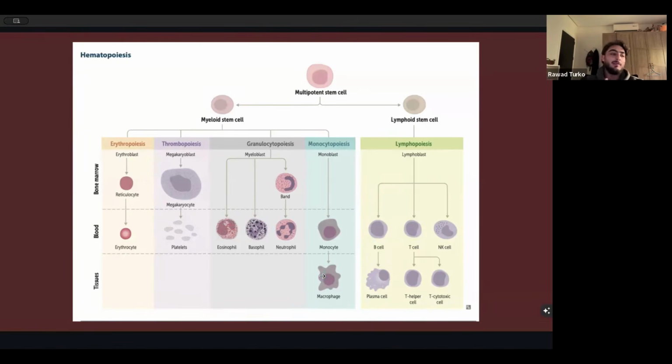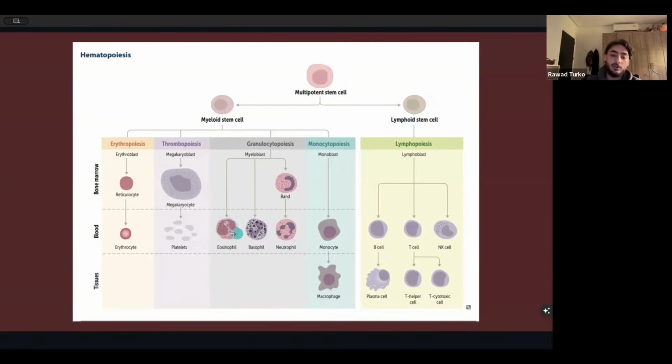Okay. Why is this important? Because a lot of people get confused with the leukemias. When we talk about leukemias, they get confused over what's myeloid and what's lymphoid. It's very easy. If you see something that looks like a lymphocyte, like this, it looks like a B cell or a T cell, there are no granules, then 99% of the time it's going to be a lymphoid leukemia, either chronic or acute.